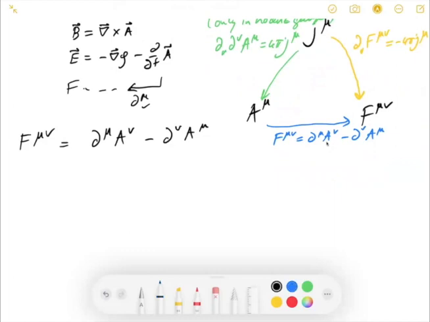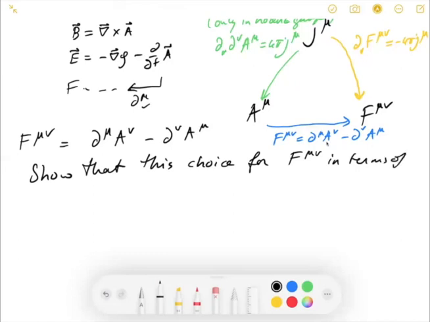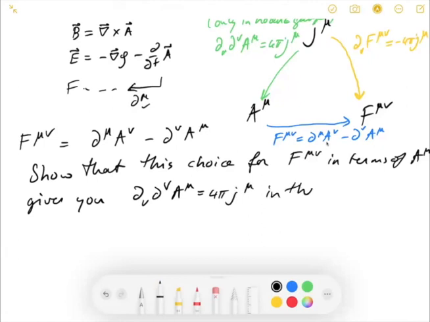This is another assignment for you. Show that this choice for F mu nu in terms of A mu gives you the D'Alembertian of A mu is 4 pi j mu in the Lorentz gauge.